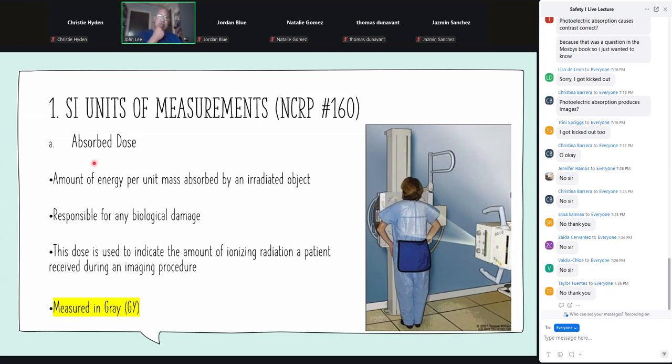Now, I know in some of your other courses, you may have been using traditional units and you may have had to convert traditional units to SI units. The registry is no longer testing traditional units. It's all SI. So that's all you need to worry about for these classes. I've tried my best to get through all of the exams and get rid of any traditional units in any of the questions.